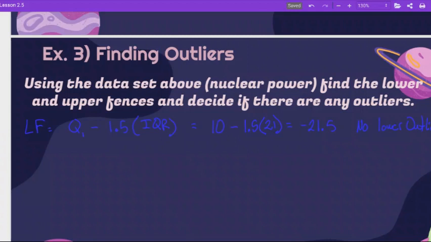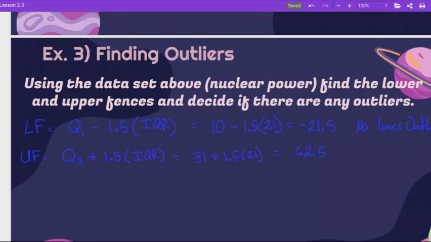Okay, and then we do the exact same thing for the upper fence, except this time it's Q3 plus 1.5 times the IQR. And so that gives us a value of 31 plus 1.5 times 21. And that gives us 62.5 as our upper limit.